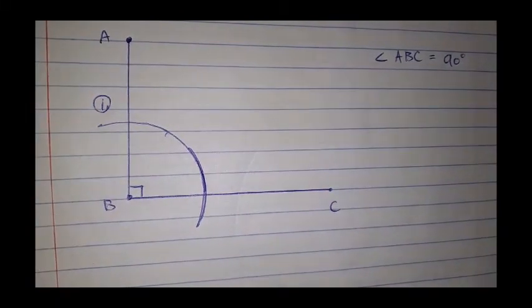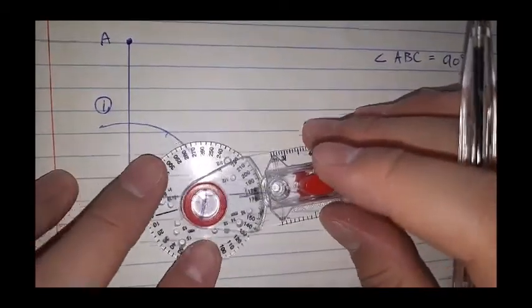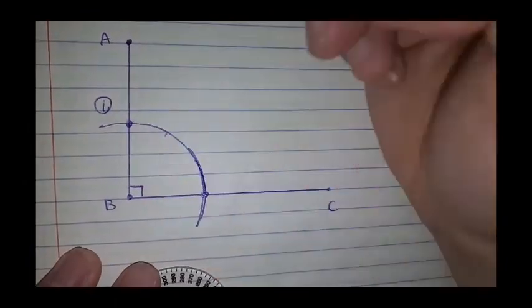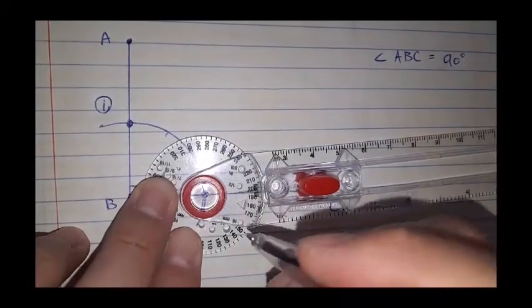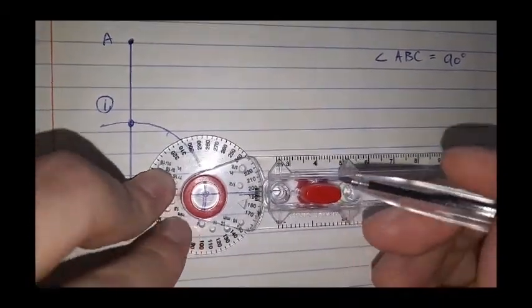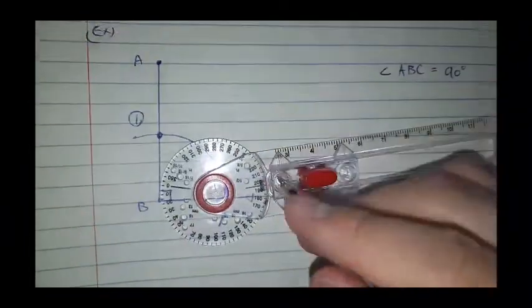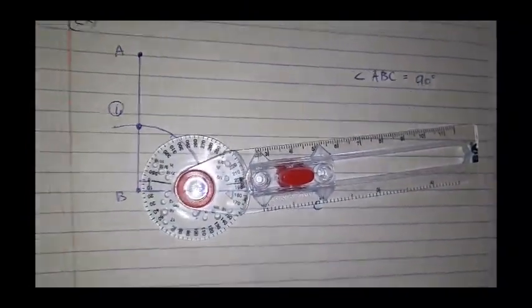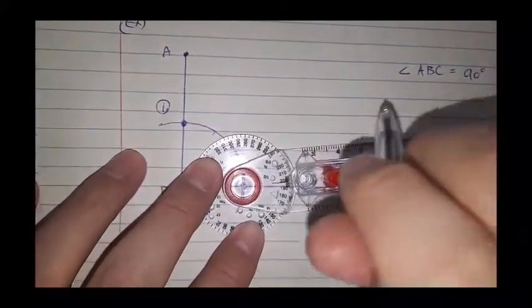Now, after that, what you need to do is, can you see this intersection point at the line segments BC and AB? That's where I need to move my compass and then draw an identical sized circle. Hopefully this doesn't hit.